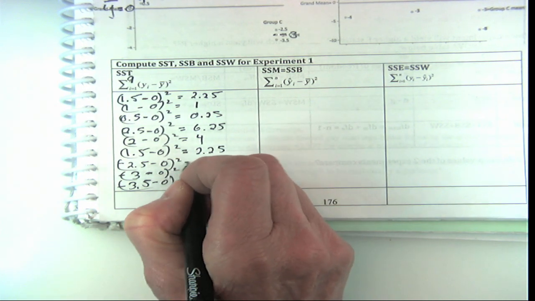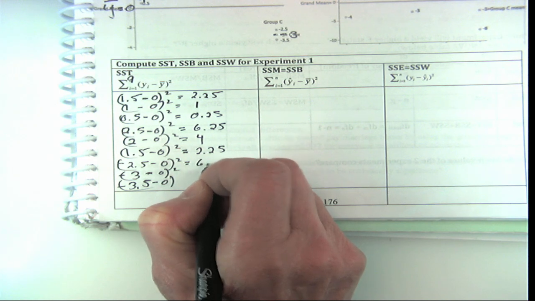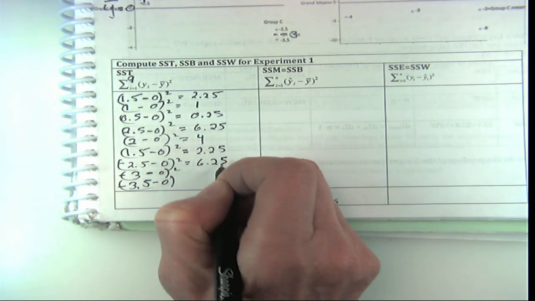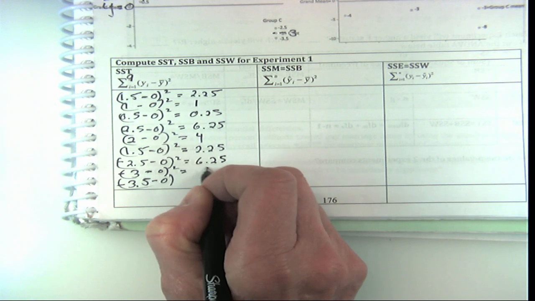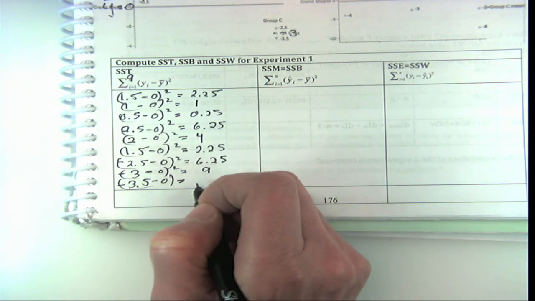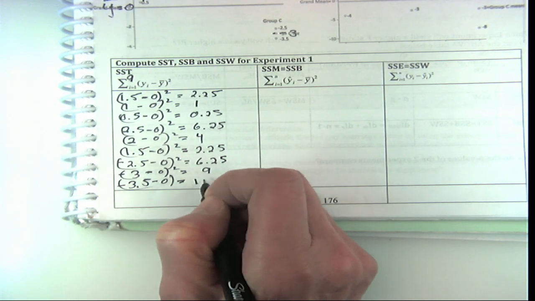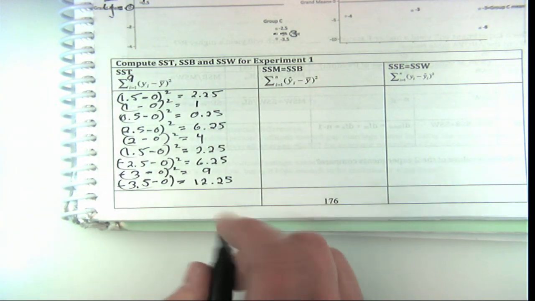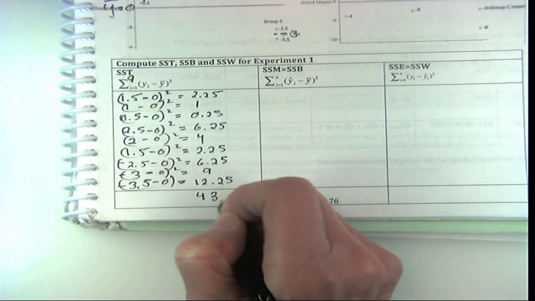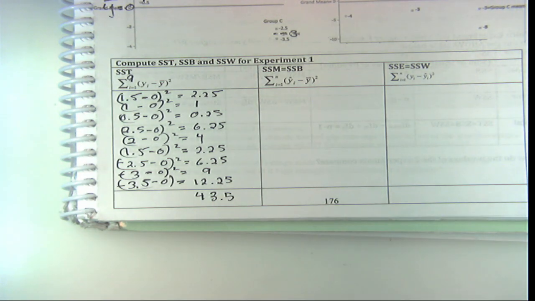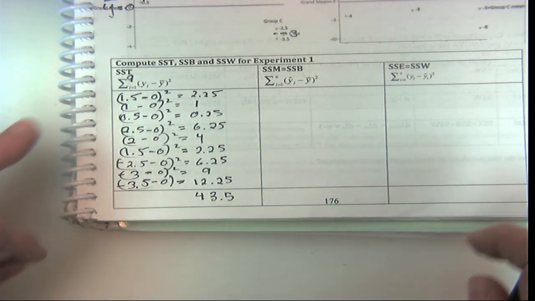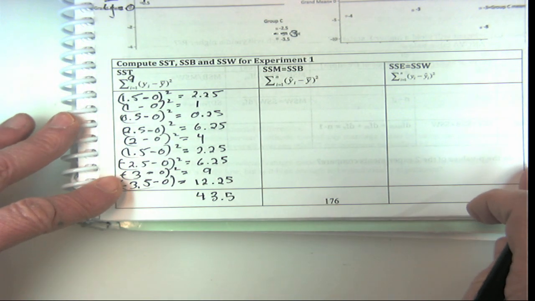Negative 2.5 squared is 6.25. Negative 3 squared is 9. And negative 3.5 squared is 12.25. We can add all those up, and this is our total variation of the y's. Okay? That's just like what we did before. It's the total variation from the mean.